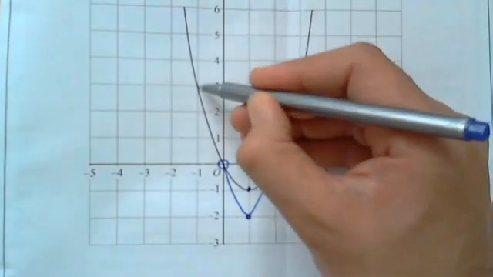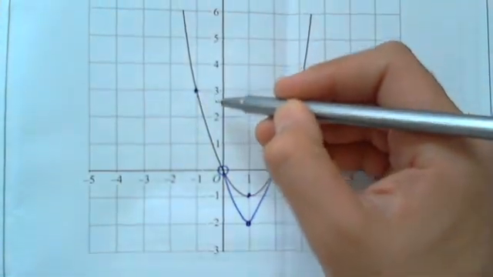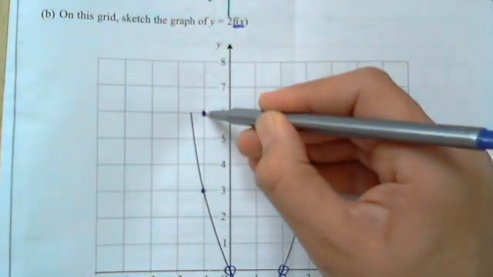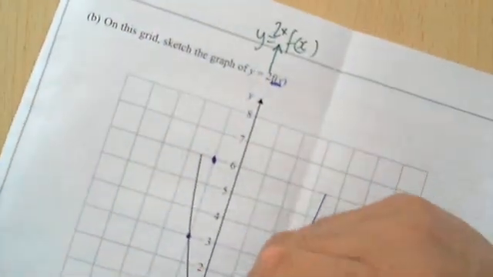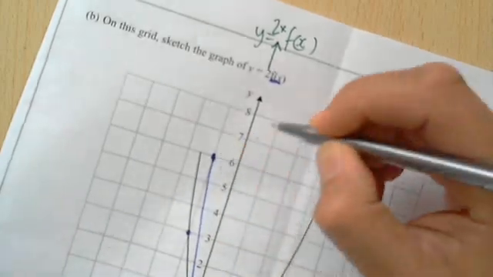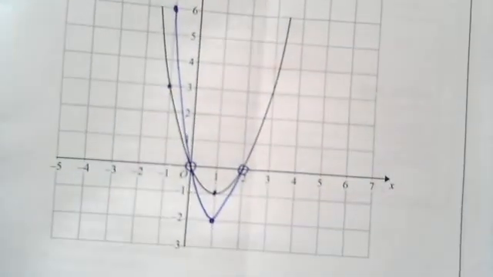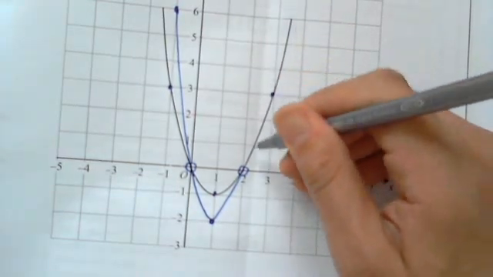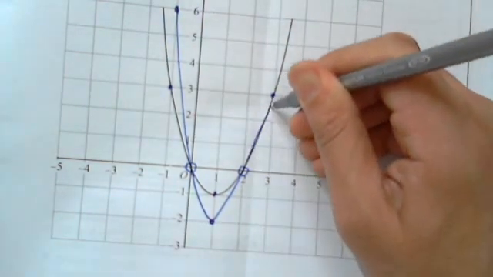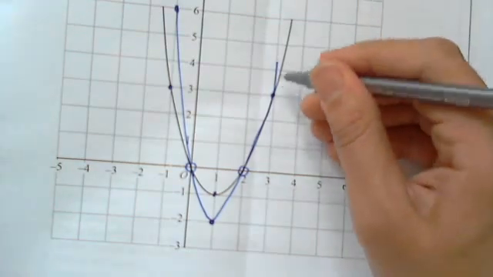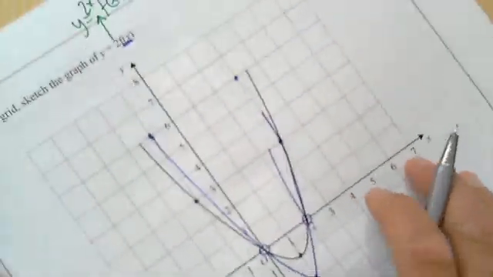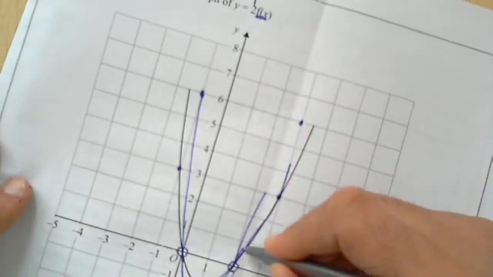So let's have a look for the values. If you double 3, the height of 3 will give you 6. So the graph gets steeper. Here we've got a height of 3, a y value of 3. If you double that, that will go to 6. Oops, that's gone a bit mad.